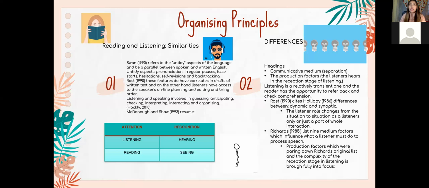But it is going to depend on whether the listener needs to be part of the process. Richard mentioned that there is a listening medium factor, but he tries to make it a little bit shorter. For this reason, he only focused on some important keys.